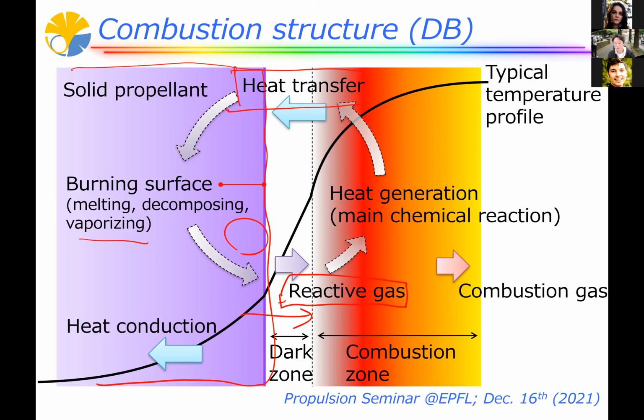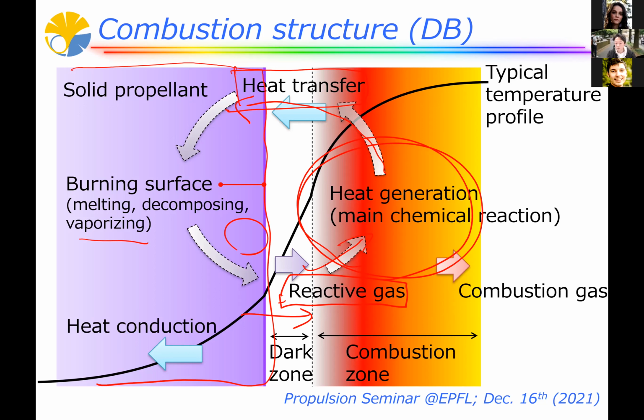And these gases react with each other and generate heat. In this figure, this is the heat generation zone. And this combustion heat goes back to the surface. Then it melts, decomposes, and vaporizes the solid propellant, and feeds the reactive gas to the combustion area. So this is the basic cycle of the combustion of a solid motor.